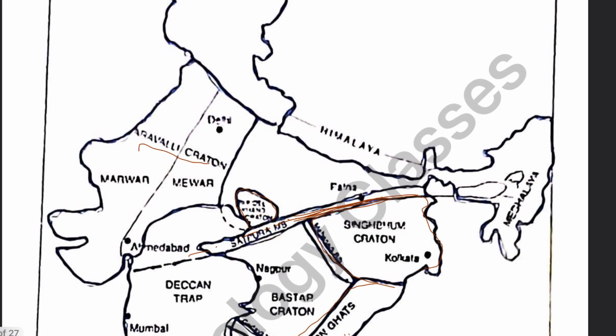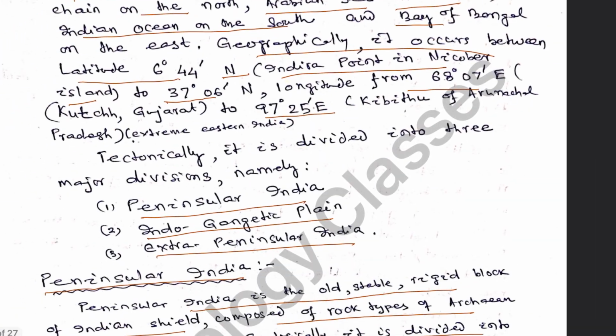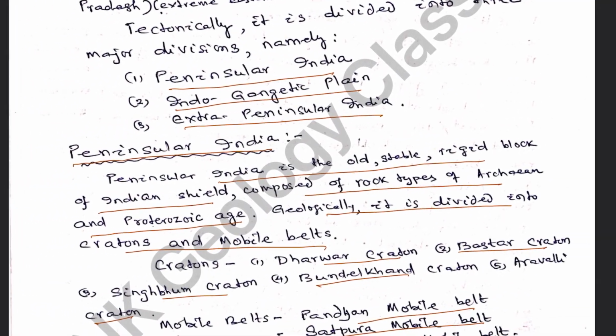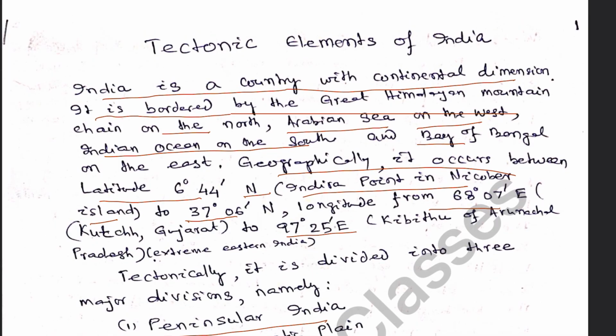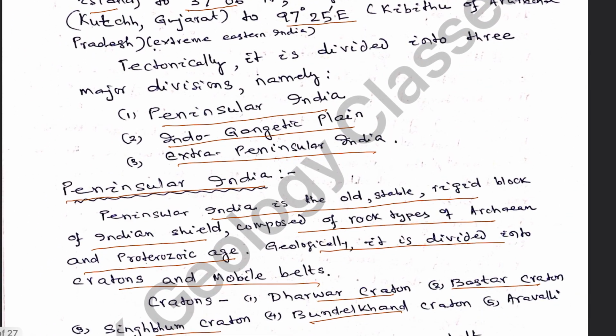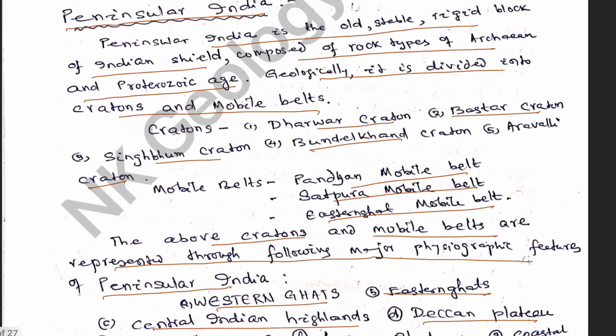So these are the major mountains, and so this is all about the tectonic elements and physiographic elements of Indian subcontinent, and I think I have covered all the major tectonic features that are there in Indian subcontinent, and I thank you all for your patient hearing.